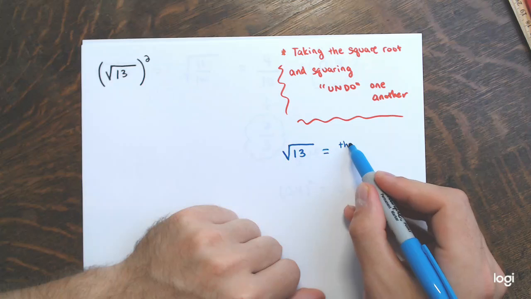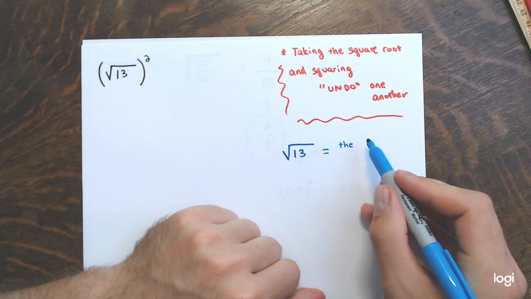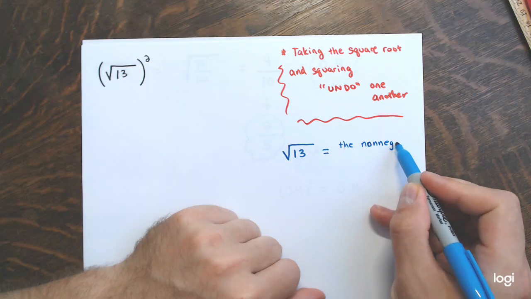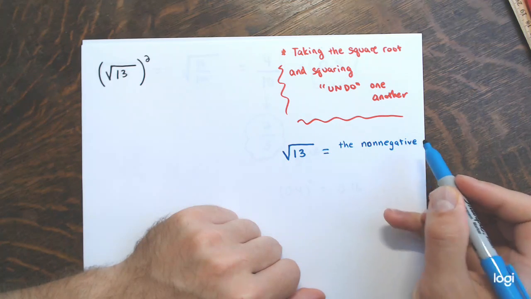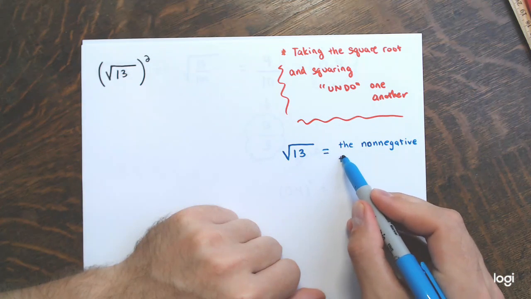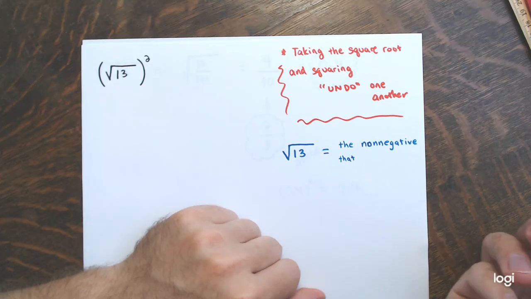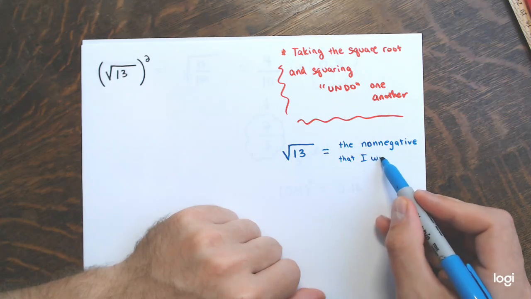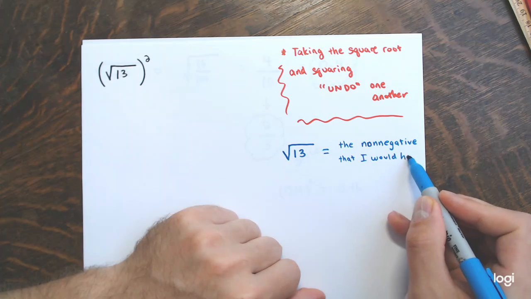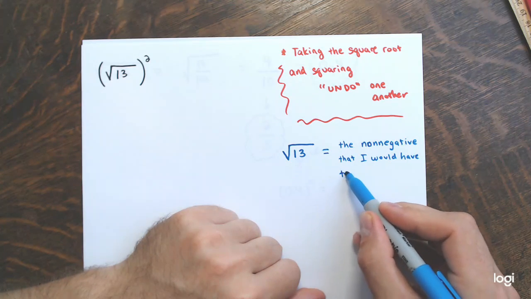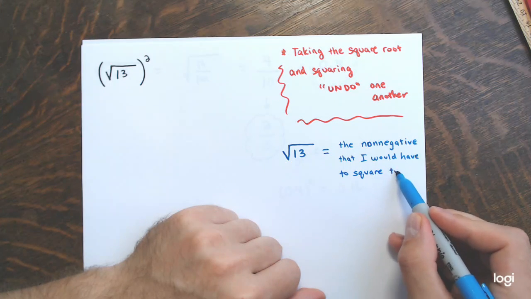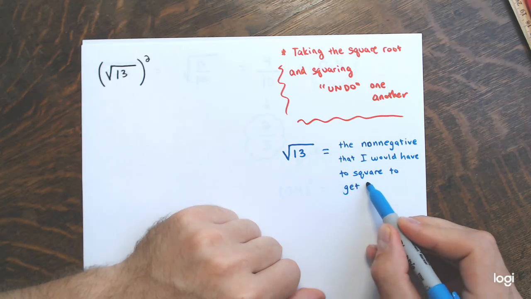It's the non-negative number, because of that symbol, that I would have to square to get 13. That I would have to raise to the second power to get 13.